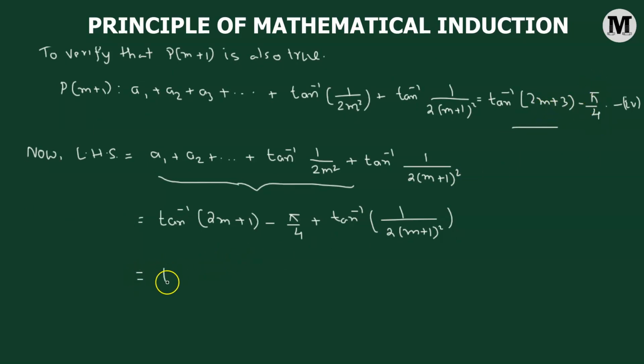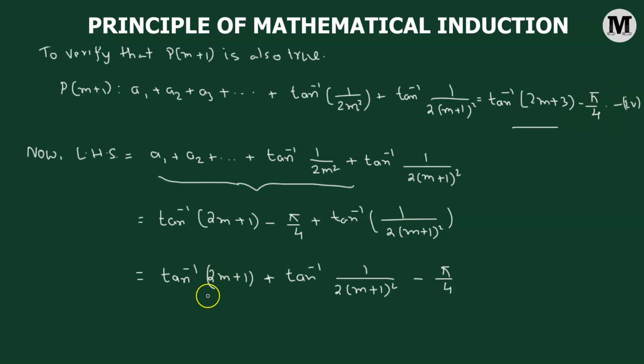So what we'll do, we'll take the first term, which is tangent inverse of 2 times m plus 1, and we're going to add the third term, which is tangent inverse of 1 over 2 times (m plus 1) whole squared. Then we have the second term, minus pi over 4, because we need a negative pi over 4.